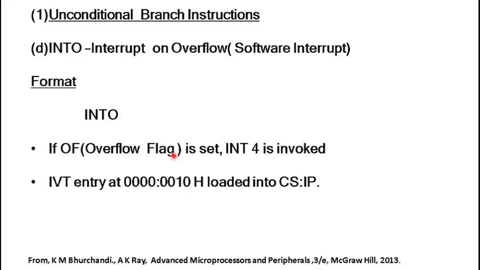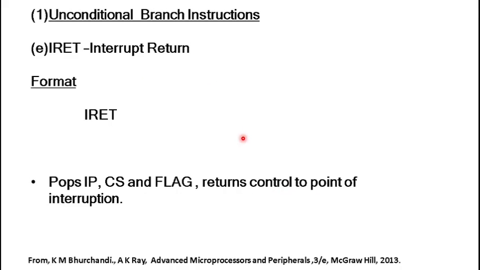So if there is already an overflow condition in the system, and you invoke int o, the ISR corresponding to the overflow condition, interrupt vector number 4, will be invoked. If you multiply 4 with 4, we get 16. So 16 will be the offset within the interrupt vector table, and from that offset we will get the values to be populated to CS and IP, and hence the ISR corresponding to the overflow case will be executed.